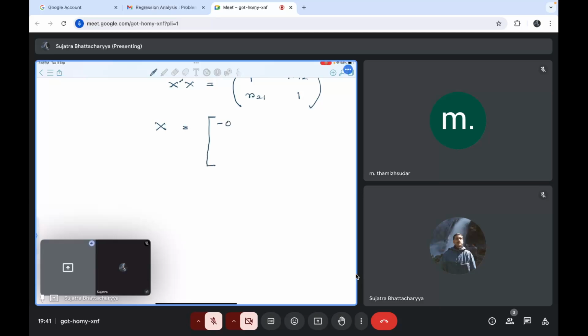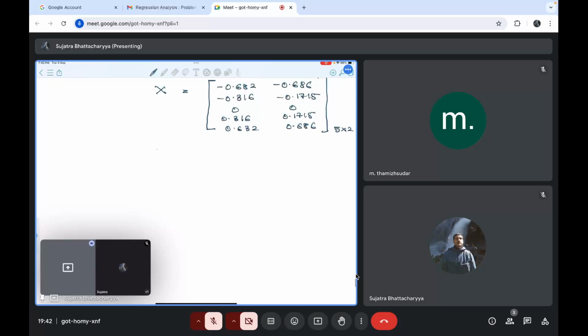It is minus 0.632, minus 0.316, 0, 0.316, and 0.632. Here also it is minus 0.686, minus 0.1715, 0, 0.1715, and 0.686. So it will be a 5 by 2 matrix.